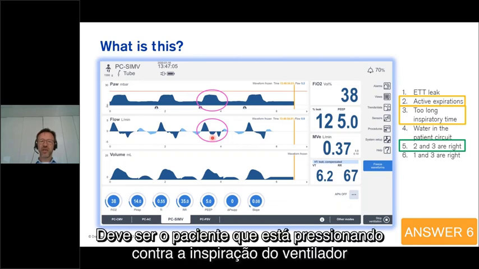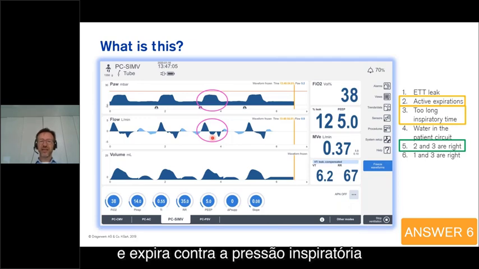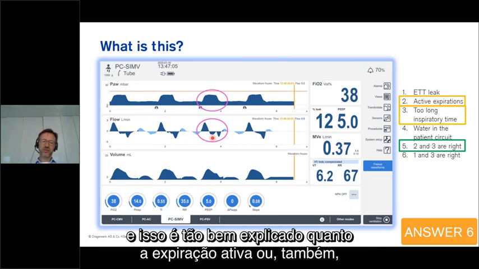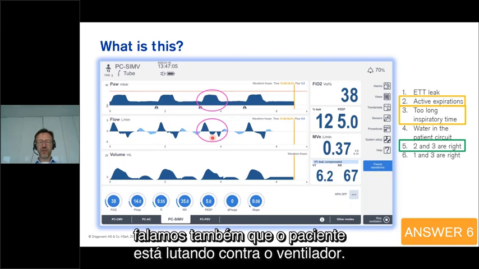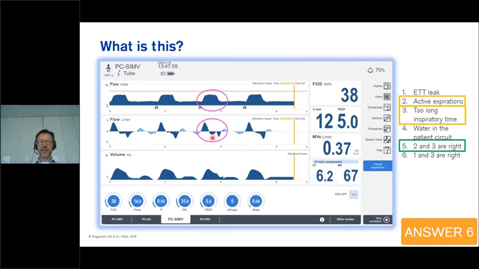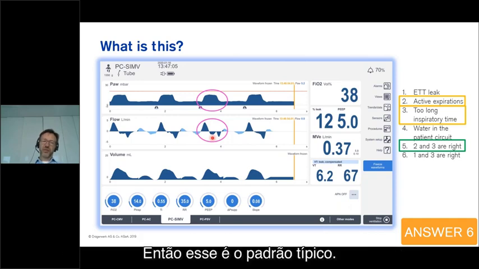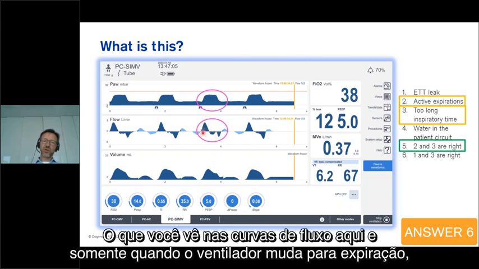It must be the patient who is pressing against the ventilator inspiration and exhales against the inspiratory pressure. And this is surely explained as active expiration, or we also speak about the patient fighting the ventilator. So the patient is really expiring against the inspiratory pressure of the ventilator. And that is the typical pattern you see in the flow curve here.